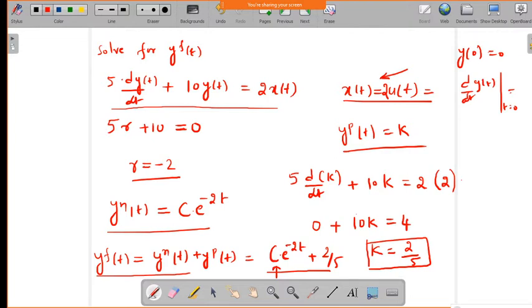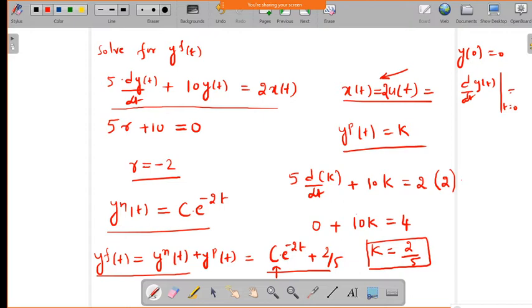Okay. So, now you can take the equation and find the value of c by putting in the initial conditions. How to put it? Take the solution here and put t equal to 0.